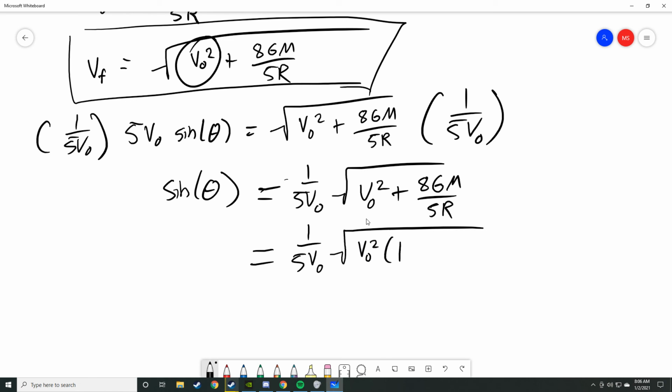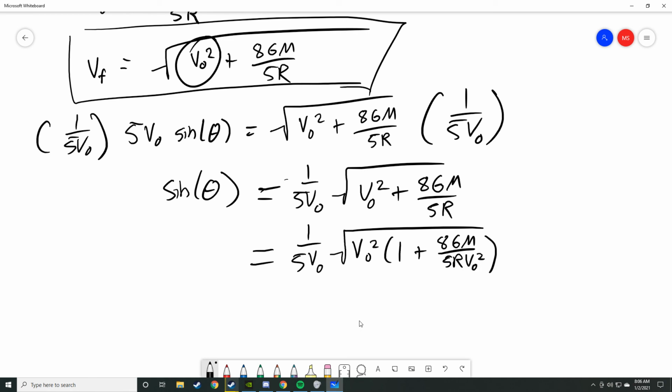So that would be 1 times v naught squared for this first term. In the second term, we don't want to multiply by v naught squared. So what we're going to have to do is divide by it. 8gm over 5r v naught squared.